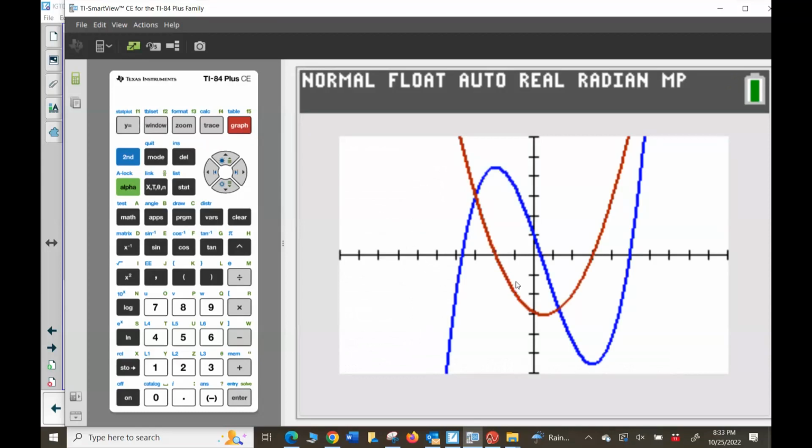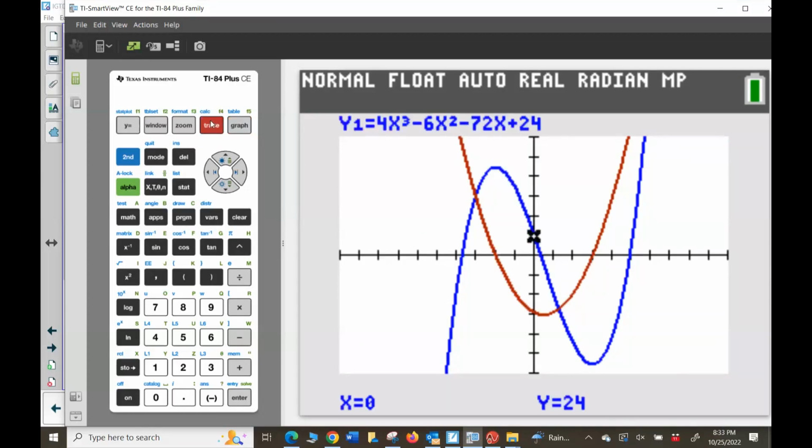One of the things that I would look at is where the derivative is 0. I can see that its derivative, the red, is 0 at -2 and at +3. So I can go ahead and trace. I'm on the blue now, so I'll arrow down to the red, and I'll type in -2.